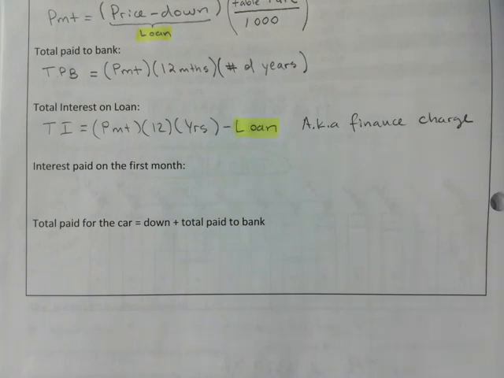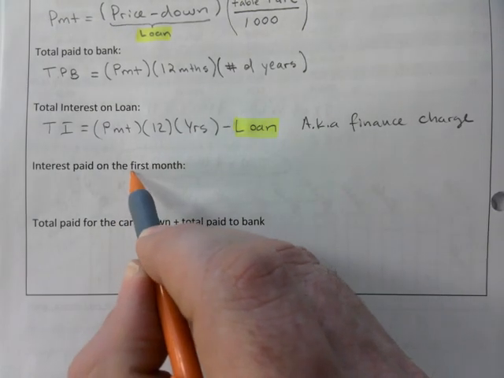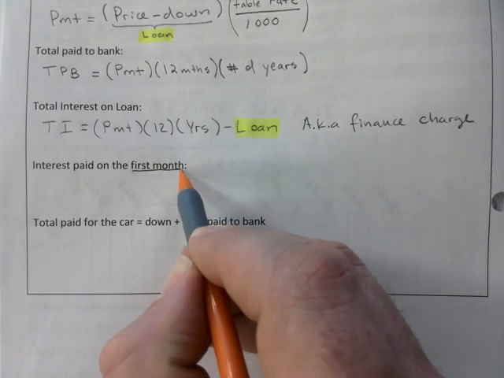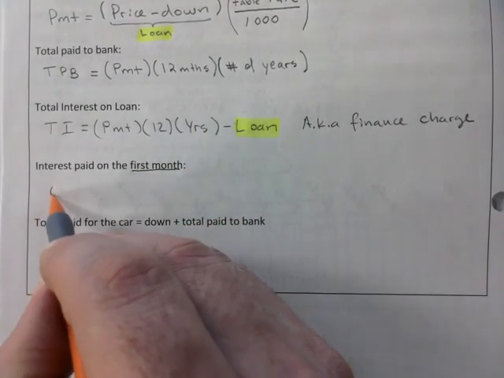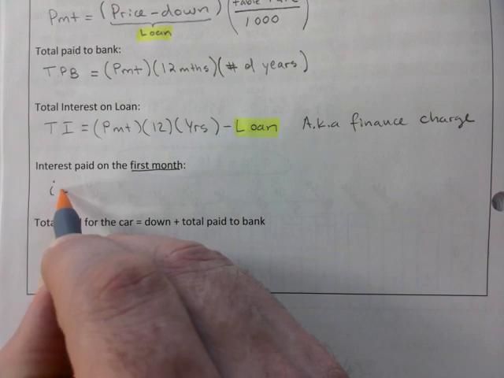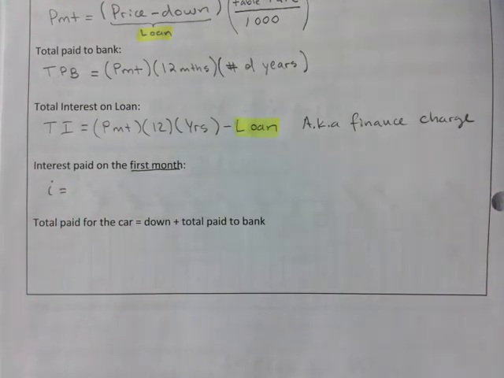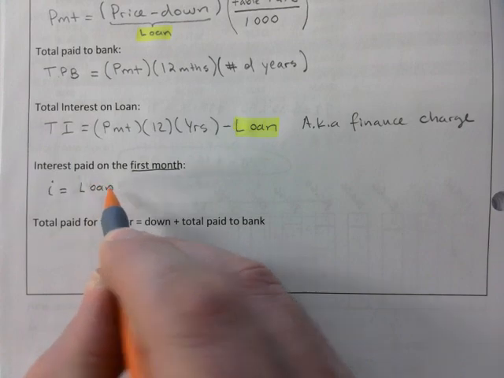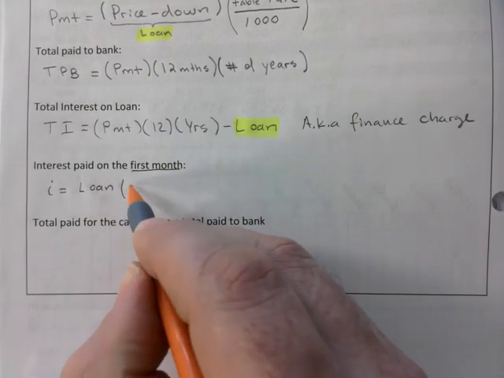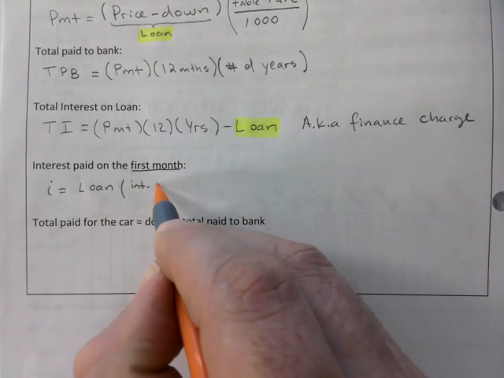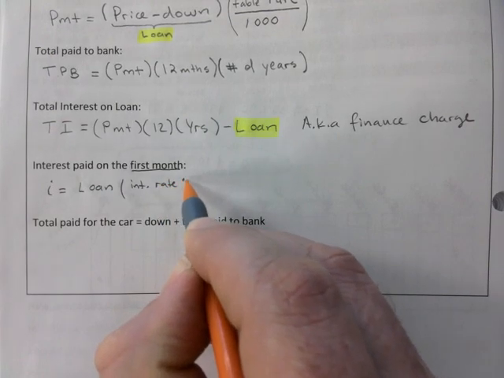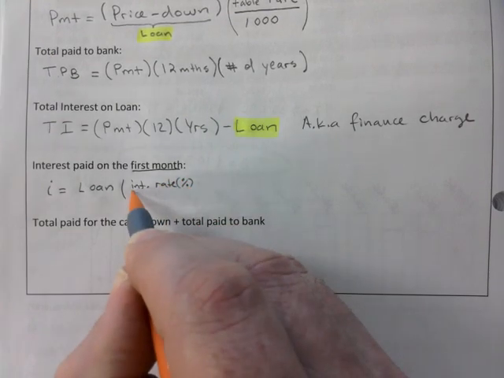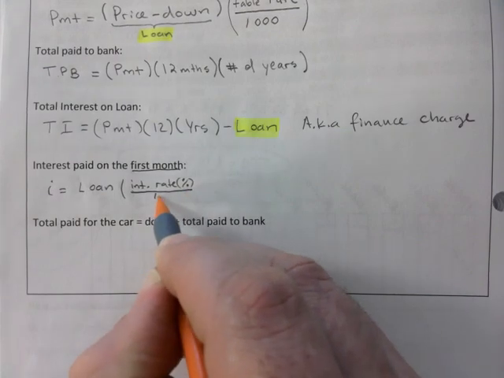Okay. Interest paid on the first month. Does that ring a bell? First month? That's lowercase i. That's when you zoom into a payment. You go loan, there's that word again, times interest rate as a percentage divided by 100.